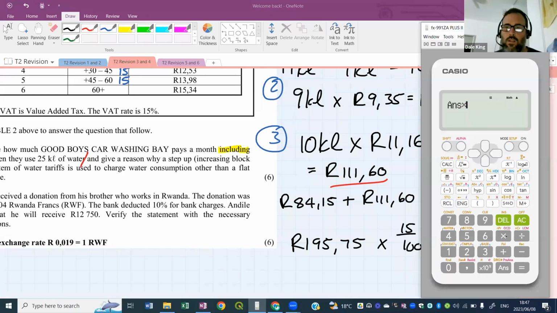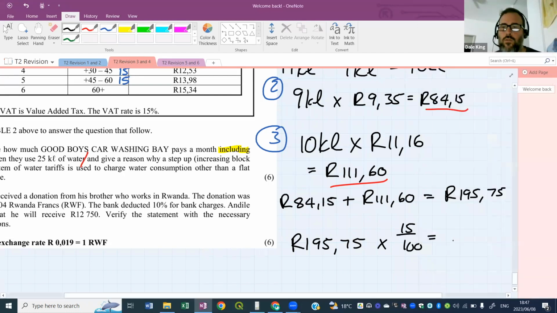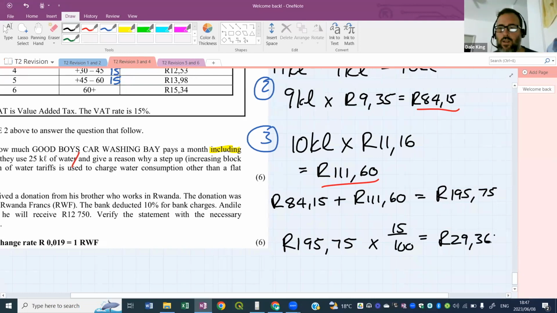So I'm just taking this and multiplying it by my VAT here, 15 over 100, getting an answer of 29 Rand 3625. I'm showing all my decimals here.